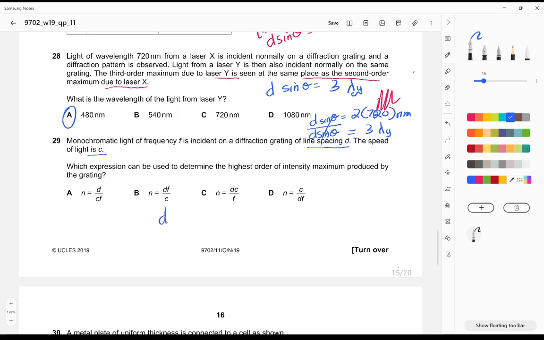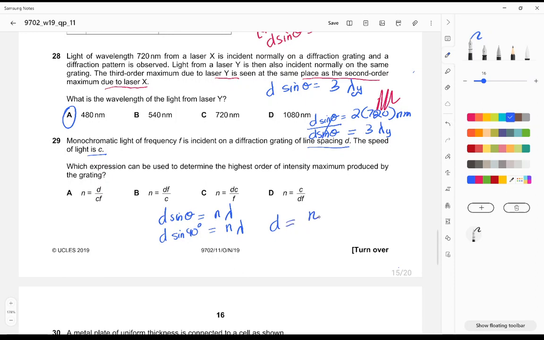So d sin theta is equal to n lambda, and apparently the highest order is produced when sin theta is 90 degrees. So d sin 90 degrees equals n lambda, but we need to work this out in terms of the frequency. Sin 90 is actually 1.